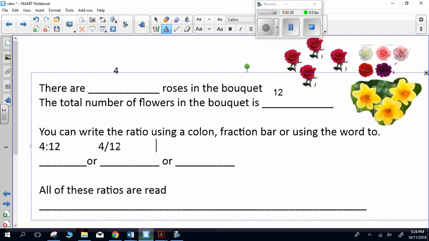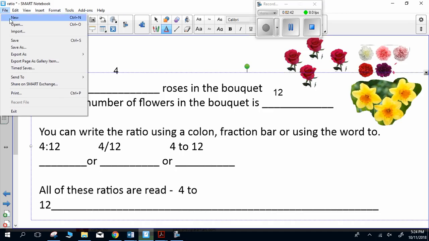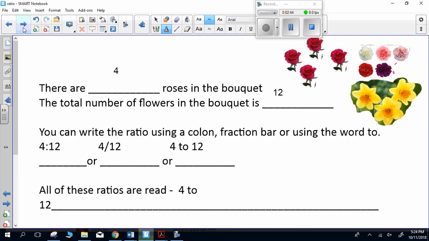And then the word 2 would be 4, 2, 12. And as you heard me say, all of these ratios are read as 4 to 12. Okay, fill all that in.